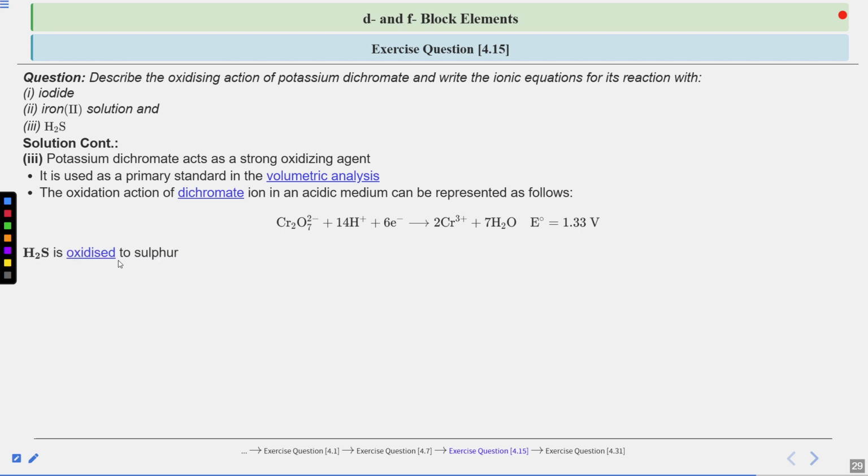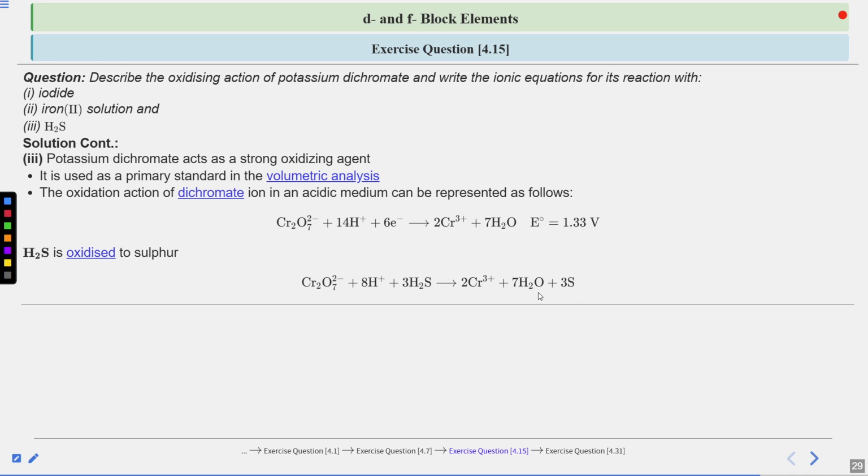Now hydrogen sulfide is oxidized to sulfur by the use of dichromate. So dichromate, when it reacts with protons and hydrogen sulfide, is going to oxidize the hydrogen sulfide and produce sulfur atoms, along with 7 molecules of water and chromium ions.